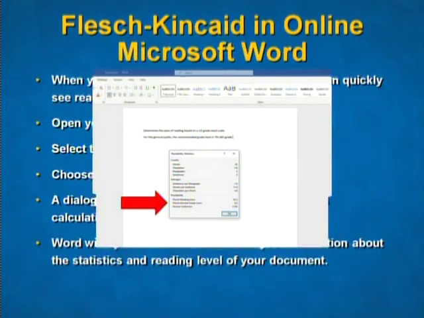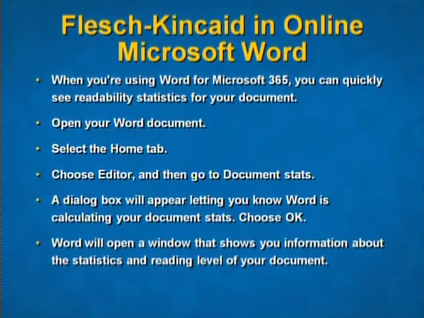Another option to use the Flesch-Kincaid would be in the Microsoft Word Online form. It also has a readability score integrated into its program. Similarly to the desktop version, you will open your Word document and you'll be able to quickly see the readability statistics without having to change quite a few settings.